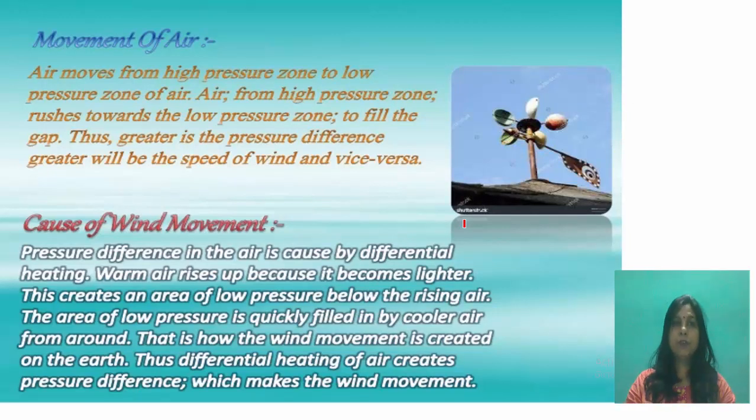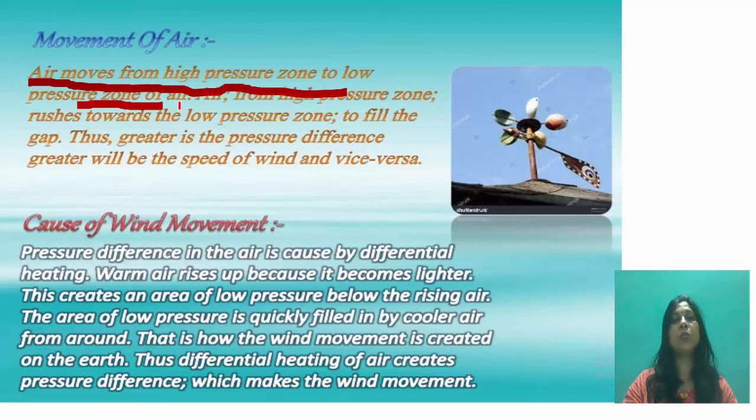So students, first of all we should know how the air moves. The air moves from high pressure zone to low pressure zone. High pressure zone means where the pressure of air is more.